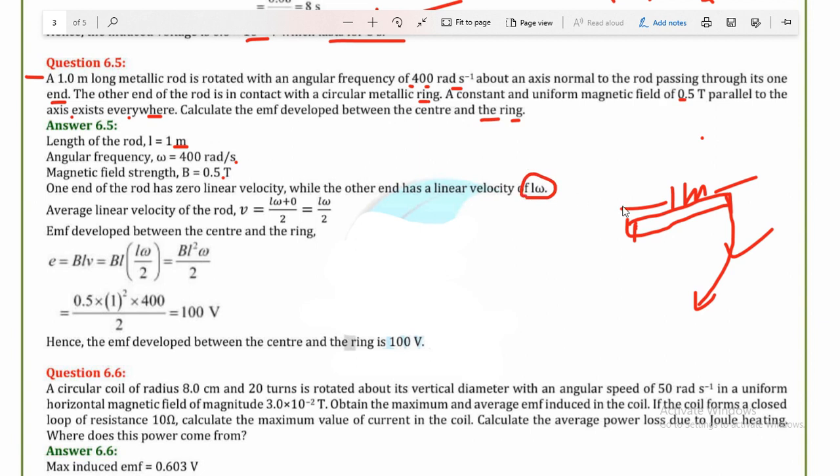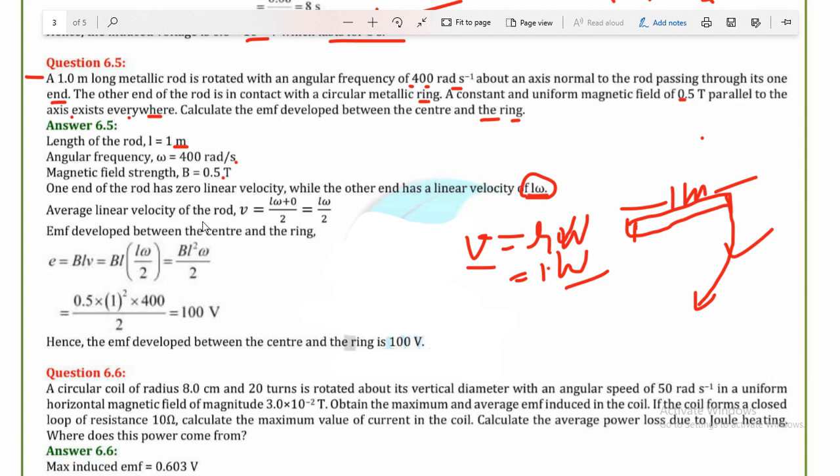Since in this case the radius is taken as 1 meter, we know that V is equal to R omega, so here R is equal to 1, and V becomes equal to omega.